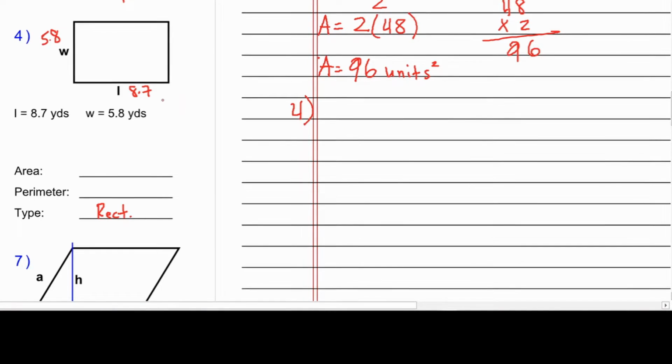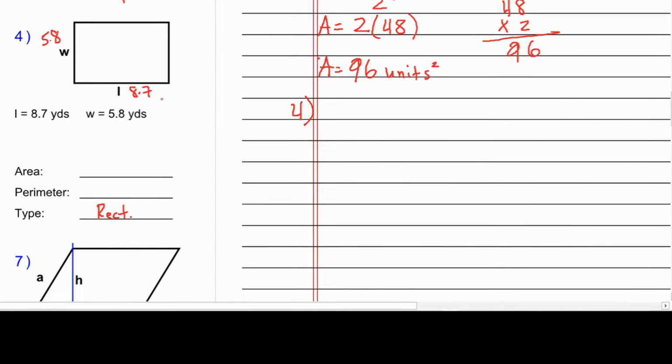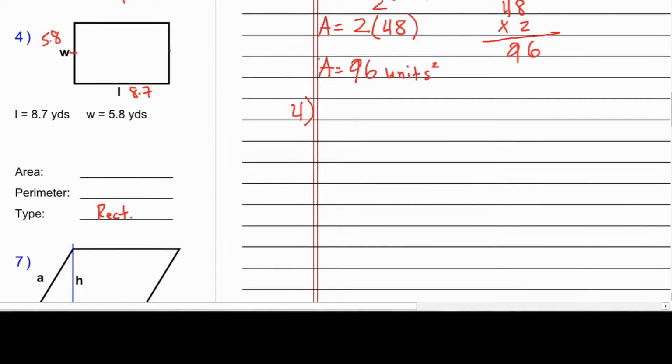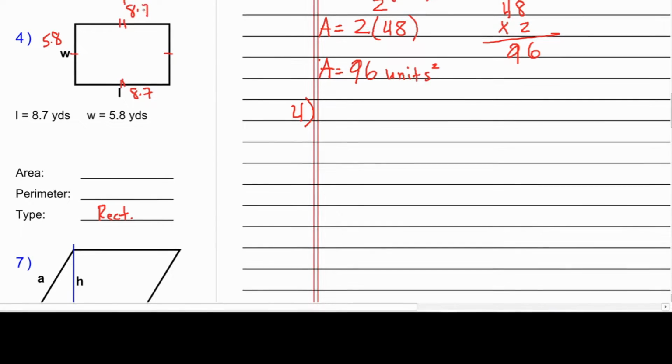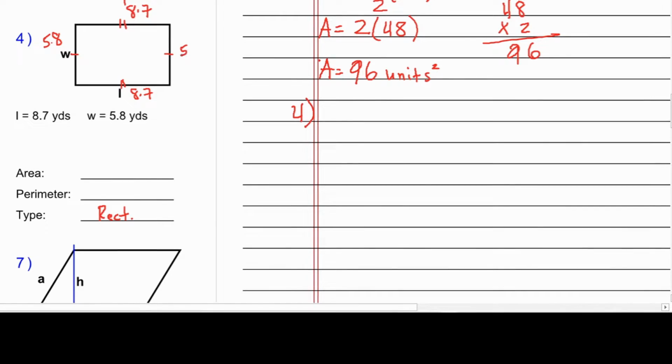One thing we have to know in order to use my method of finding the perimeter of any polygon is this. This width is the same as this width. This length is the same as this length in a rectangle. So in other words, if this is 8.7, this is also 8.7. And if this similarly is 5.8, this is also 5.8.